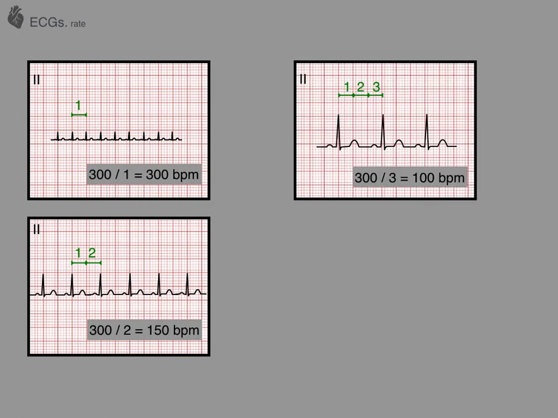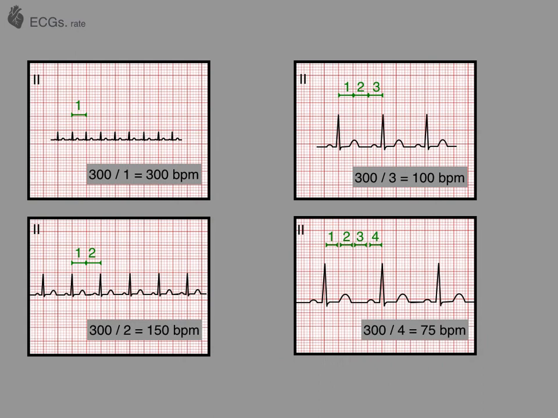With 3 big boxes, a rate of 100. And with 4 big boxes, a rate of 75 beats per minute. You get the picture. It's just important to remember that this 300 rule can only be used with a regular rhythm.